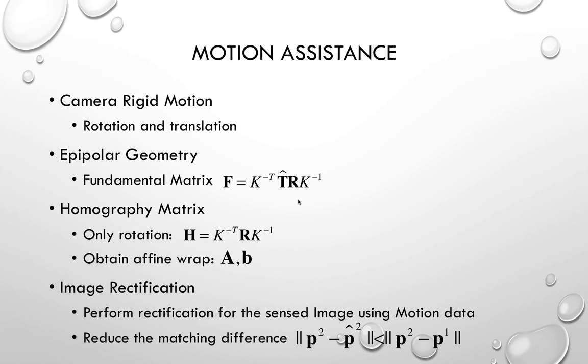Using our motion assisted approach, we can estimate the projection of image 1 onto image 2. Although there are some errors, the matching difference from the predicted image to image 2 is smaller than between the initial two images. So it can really improve the matching probability.